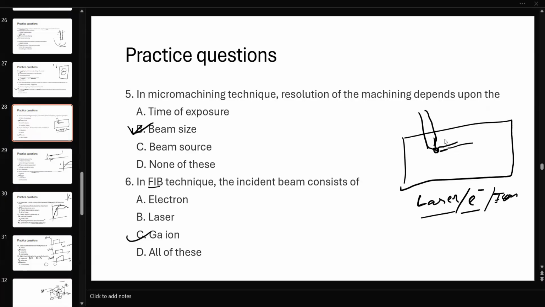How thin your beam is. The laser is the widest beam, really hard to control. You can use lenses and all, but even at high energy laser light, it's difficult to focus them onto a single spot.